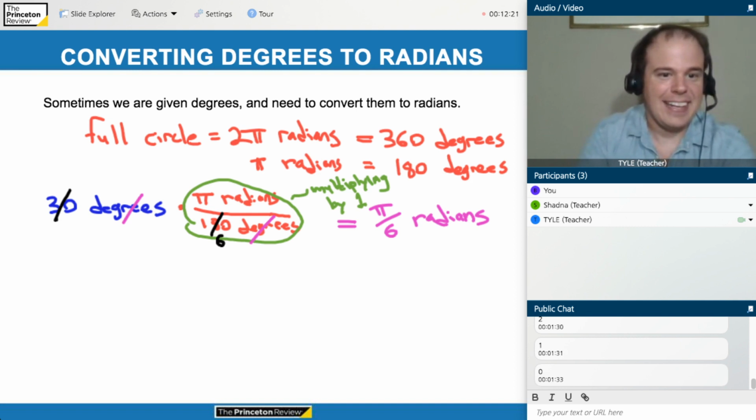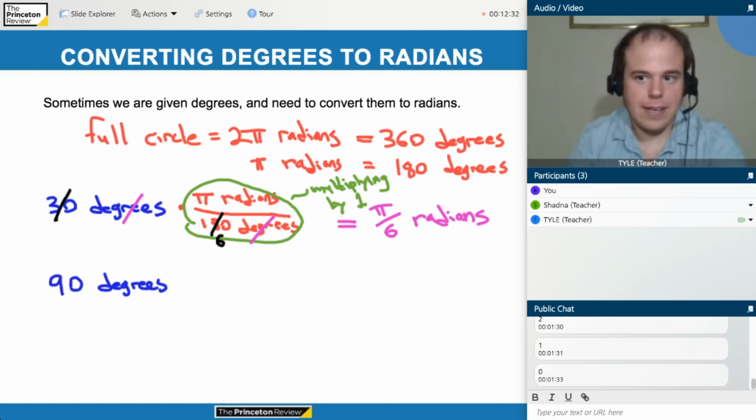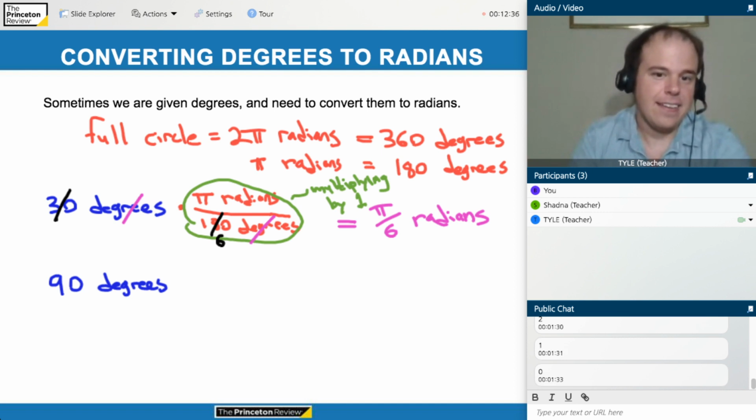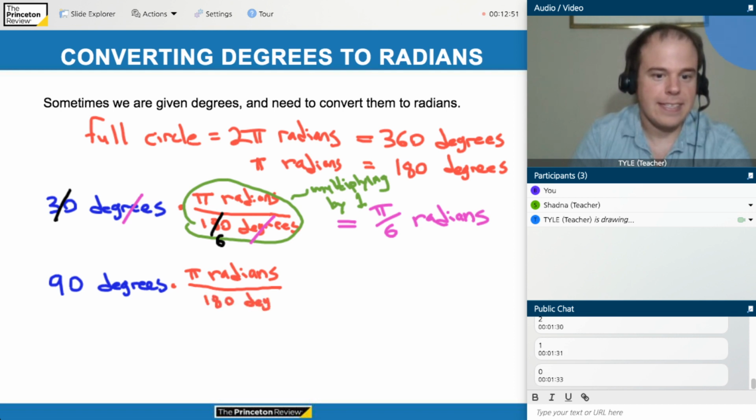Okay, I'll do another example. Let's say instead of 30 degrees, we have 90 degrees. I have 90 degrees. I want to convert degrees to radians. Okay, so I'll use that half a turn of a circle is both pi radians and 180 degrees, like I did before. So I'll multiply by that same ratio, pi radians divided by 180 degrees.